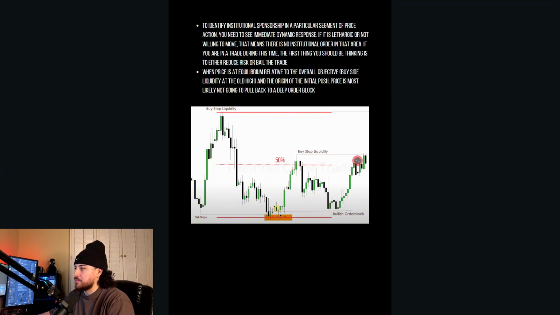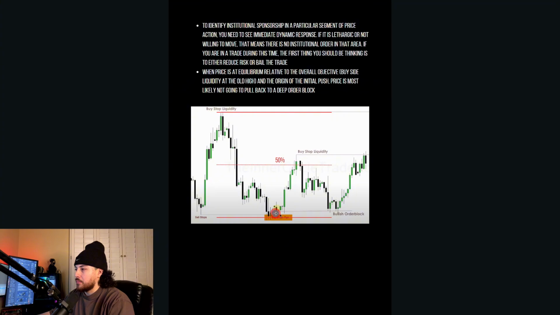Now, once price pushes on higher, we are, generally speaking, about 50% above the overall push, meaning from this low up to this high where we anticipate price to go, because we anticipate price to make a new high. If price is above the 50%, most likely after price takes out this buy side liquidity, price is not going to come all the way back down to the origin of the push before pushing on higher.